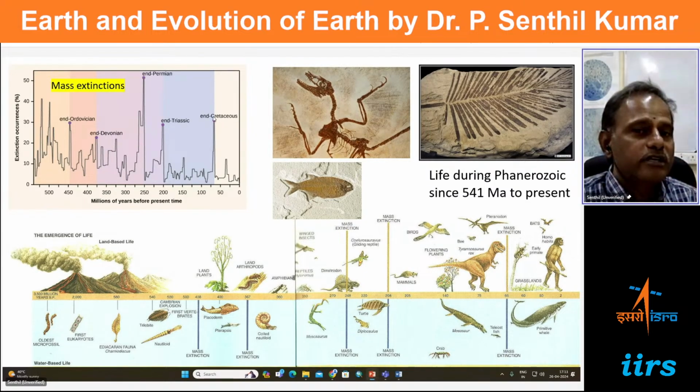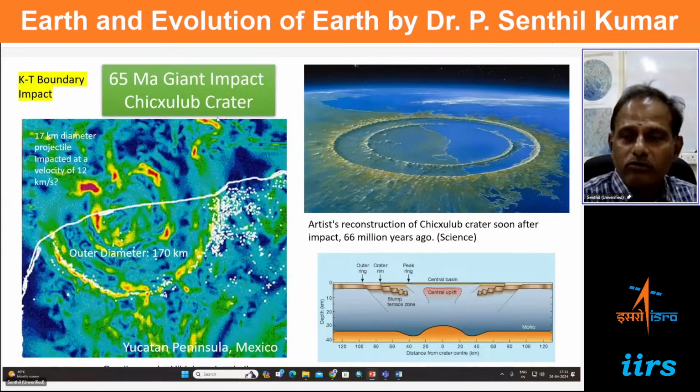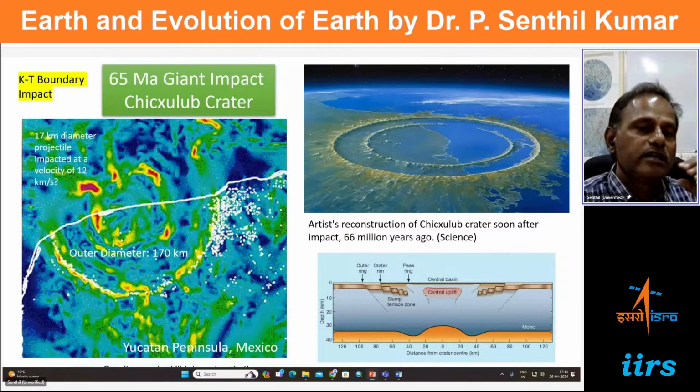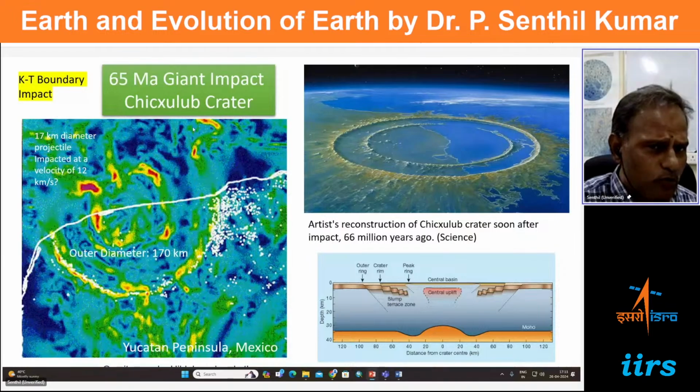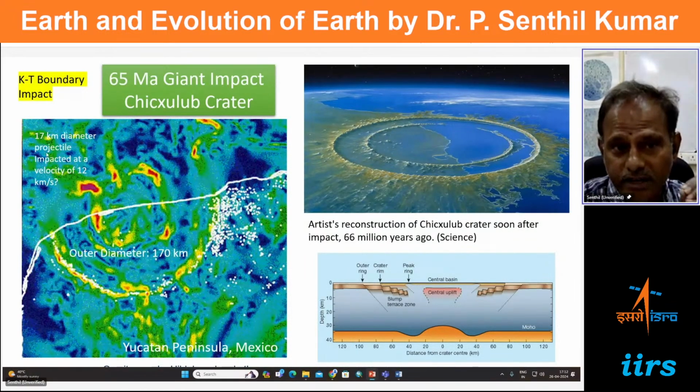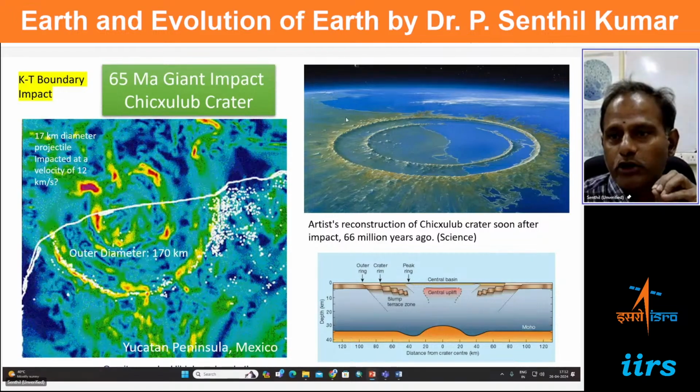Also, if you look at 65 million years ago, you have a very big impact event called the Chicxulub impact event that occurred in Mexico. Here you have an ocean and continents where a 17-kilometer diameter projectile meteorite came with a velocity of around 12 kilometers per second and hit the Earth's surface, and it produced a big crater like this.